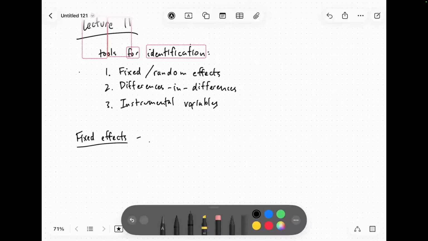So this is a very powerful method that allows us to control for all variables, whether or not you observe them, as long as they stay constant within a category.